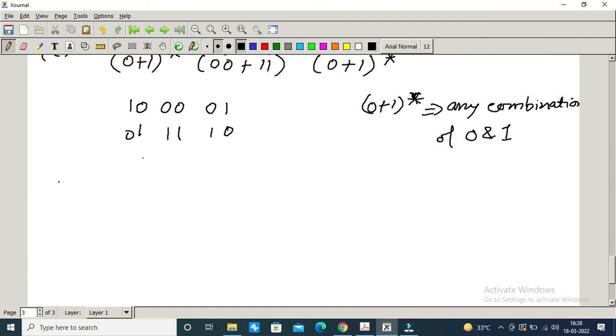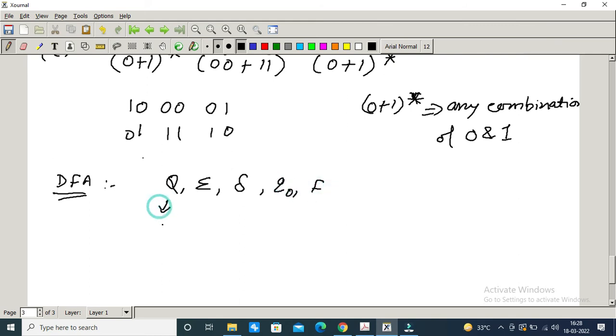So let me define the DFA, right? What is DFA? DFA is deterministic finite automata. It says that we have a tuple of 5 elements: Q, sigma, delta, q naught and F, right?